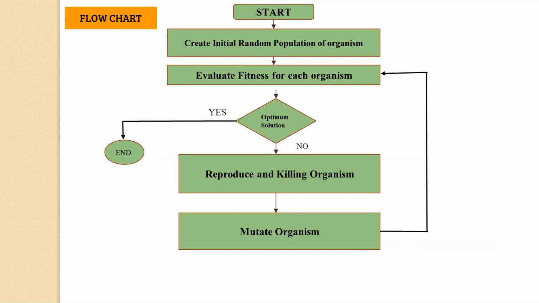From that random population, evaluate the fitness function for each organism. This fitness function is able to evaluate the parameters and gives good guiding knowledge on how to create its own fitness.